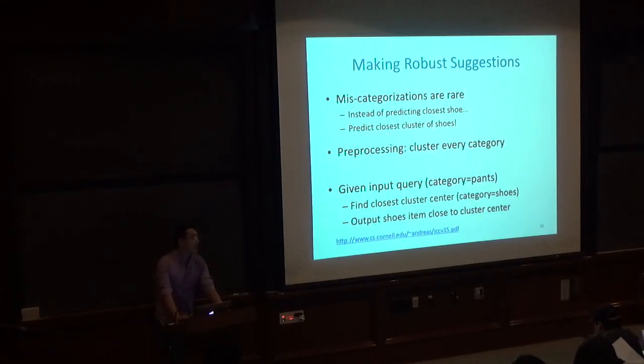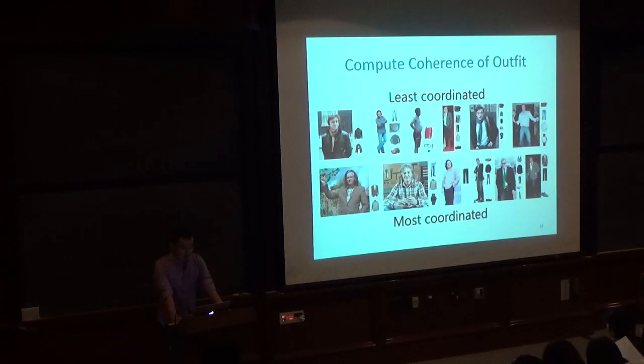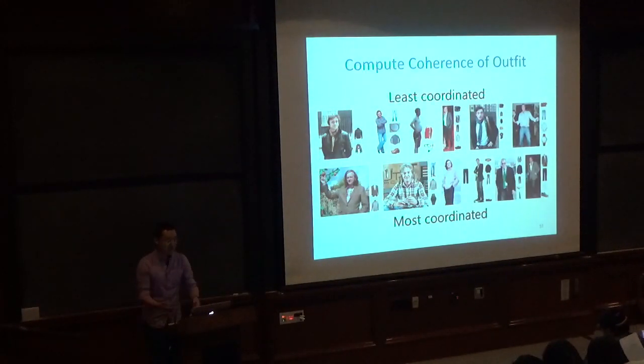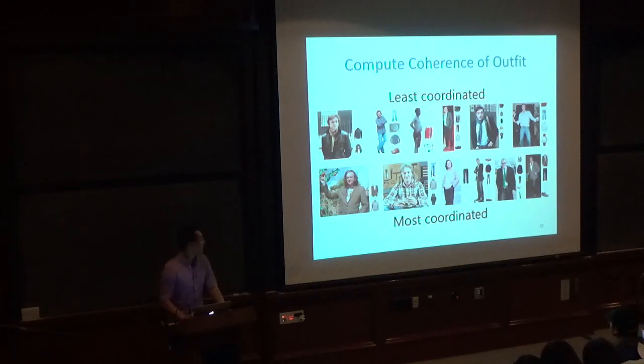So there are other things that we can do with this type of representation learning. We can use it to do scores of things like who is the most coordinated or least coordinated. So, someone decides to wear, let's see, let's choose this guy, and these are the items that he chose to wear.